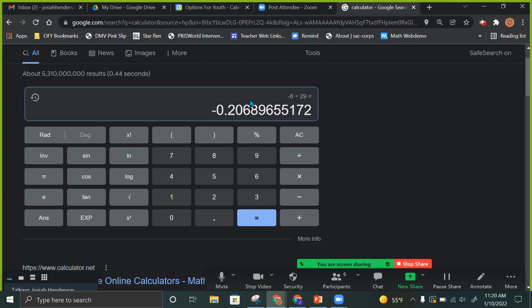Cool. And I think that's what you both put in the chat, -0.20. And then it goes on, right? There's more numbers, 689. When we're talking about percentages as a decimal, like we're doing now, we really are looking at the first two numbers past the decimal. That's out of 100.